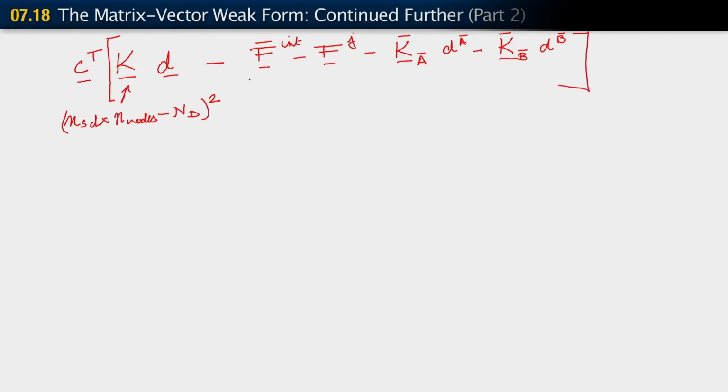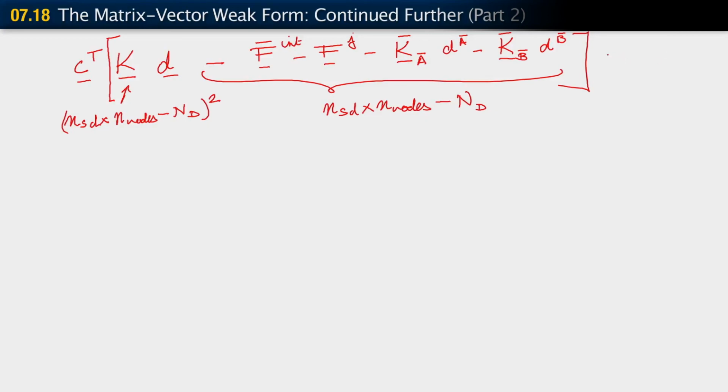And this entire vector also is of dimension NSD times number of nodes minus ND. It has to be, and indeed, the way we've set up things, it does have that dimension.